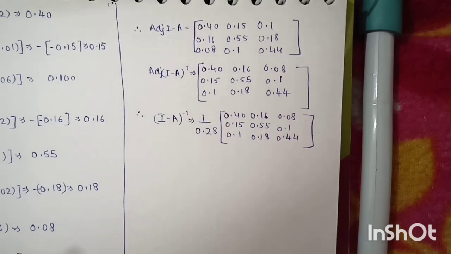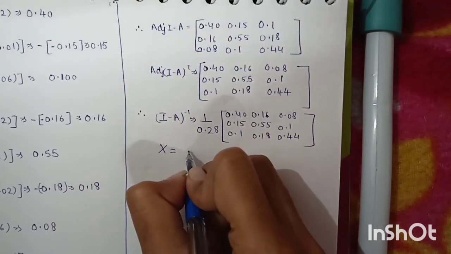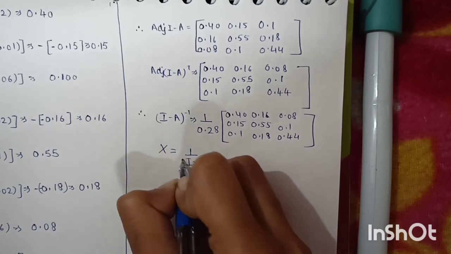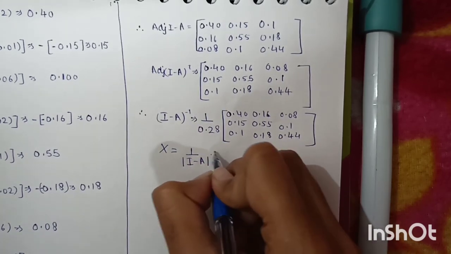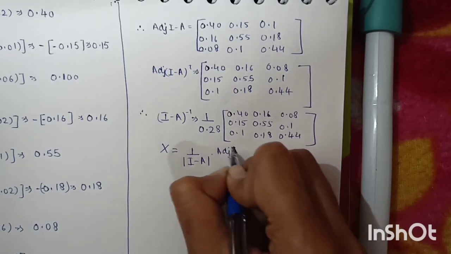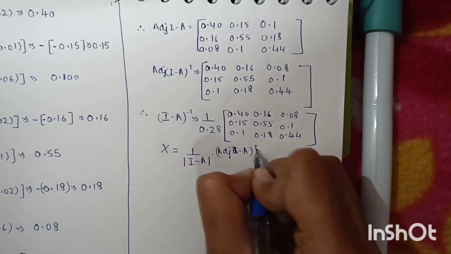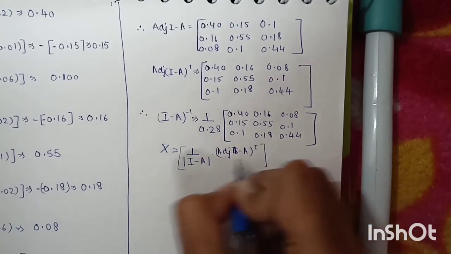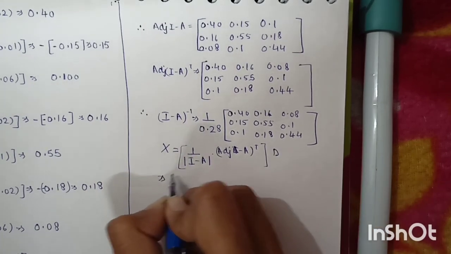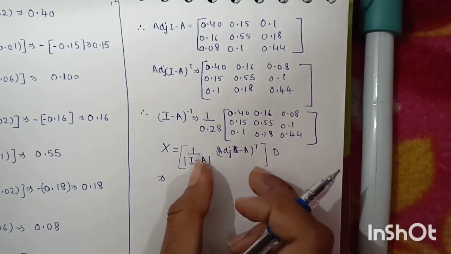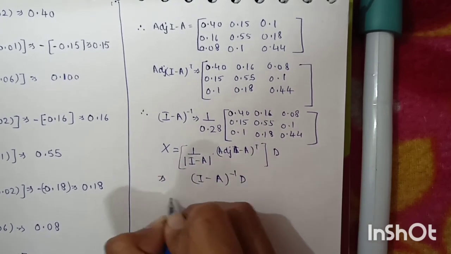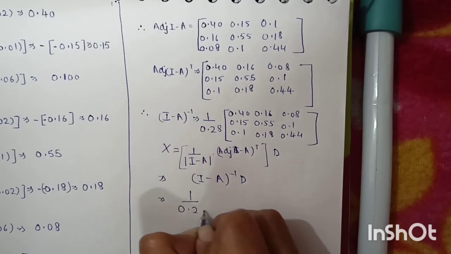Now we have to find X equals 1 upon the I minus A determinant into the adjoint of I minus A transpose, which is our (I minus A) inverse, multiplied by D. So we just have to put in the formula, because this formula symbolizes (I minus A) inverse as a whole.